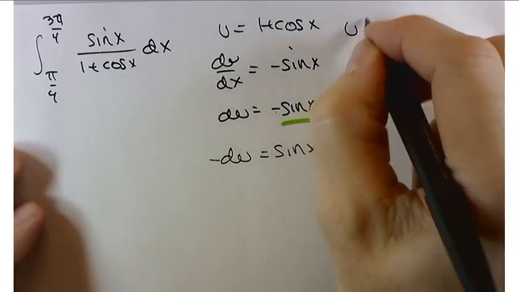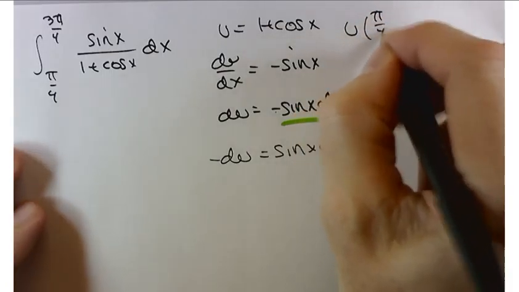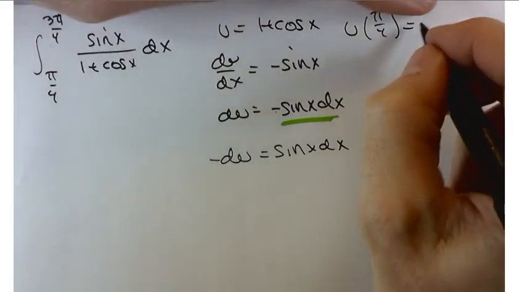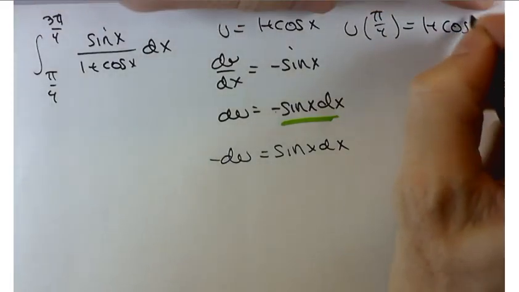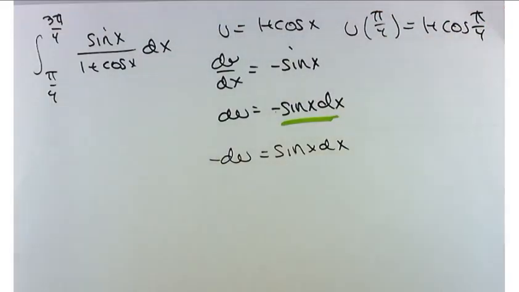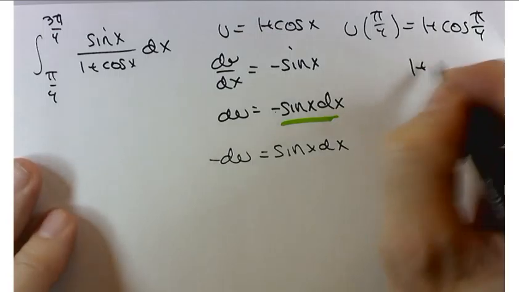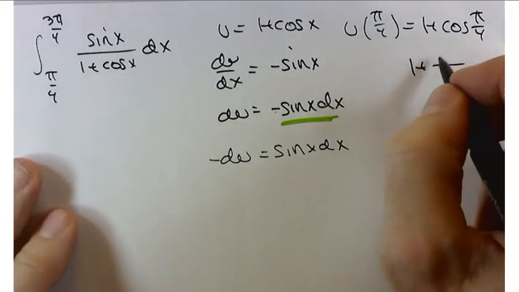So I need u of pi over 4, which is going to be 1 plus cosine of pi over 4. Oh, see, you all thought you were done with your trig, didn't you? Cosine of pi over 4. Anyone?